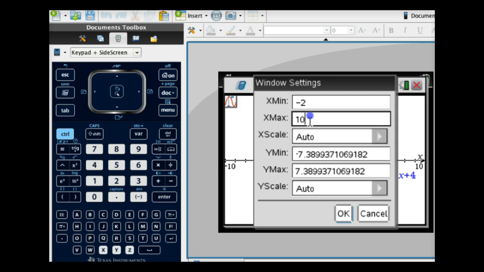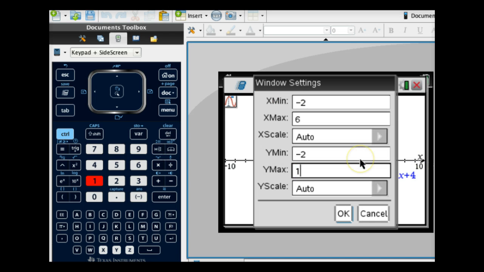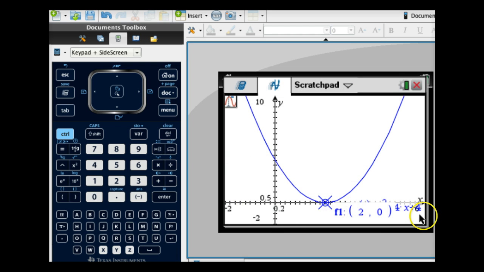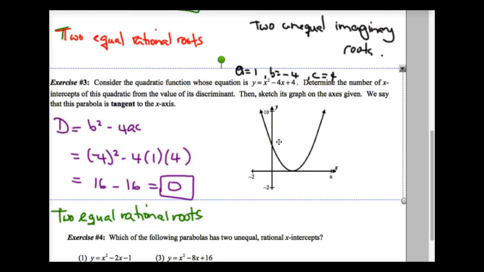Here it's 6, this is 6, this is negative 2, and then what's my y maximum? We said was going to be 10. So make sure your window is set this way and you hit OK, and that's the graph, the same exact window size that I have here.